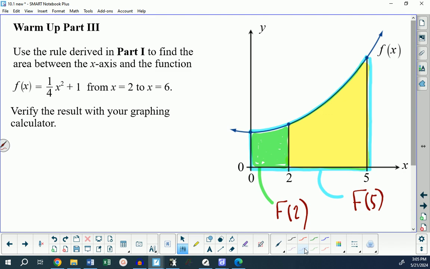In post-secondary, you would have proved this right out of the gate. You wouldn't have done it from 0 to x. That's what I've changed. But that means this should be the antiderivative at 5 minus the antiderivative at 2. Should be. Why is this from 2 to 6? It's from 2 to 6? Yeah. Okay. Thank you.